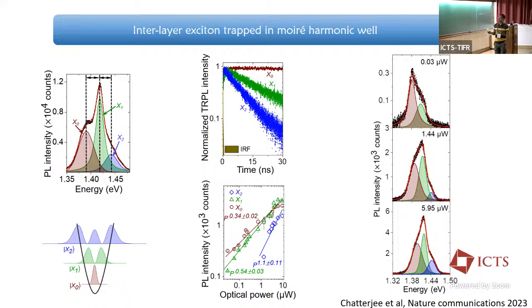If you increase the power to about a microwatt or so, this one is still there, but the middle one increases more, and you start seeing the topmost one with a small intensity. At even higher power, it increases even further. So the spectral feature is significantly dominated by the actual optical power that you are employing in the system.